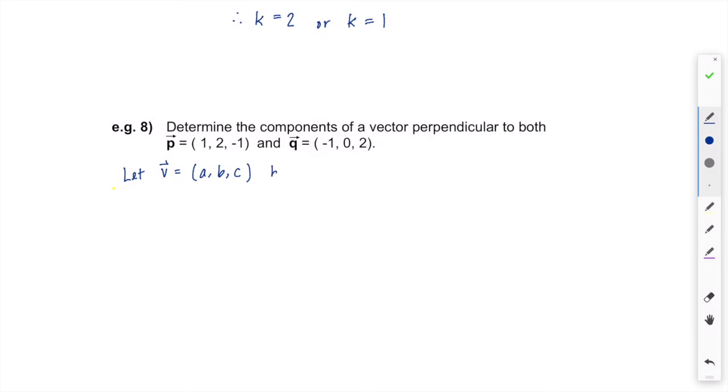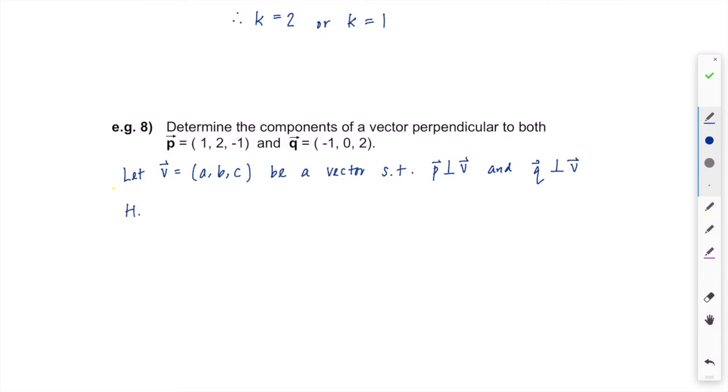Such that vector P is perpendicular to vector V, and vector Q is also perpendicular to vector V. Okay?